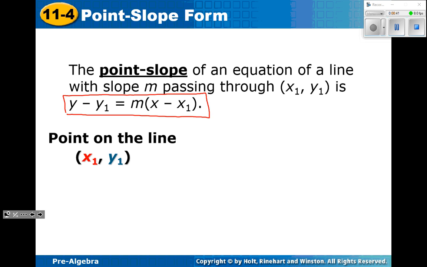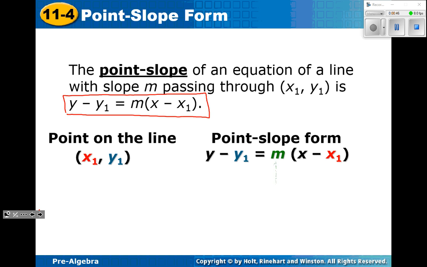So the point on a line is (x sub 1, y sub 1), and in point slope form, all you have to do is plug in these three things: the slope and the two parts of this ordered pair.